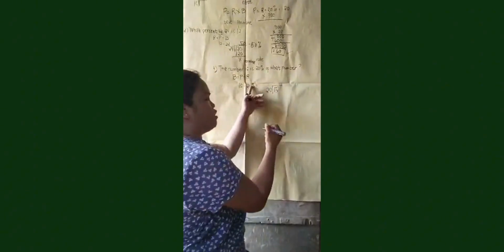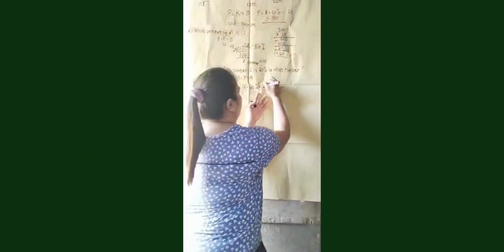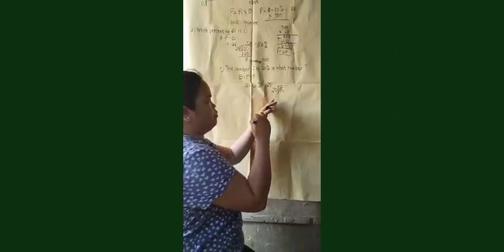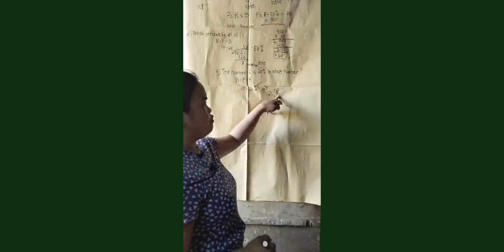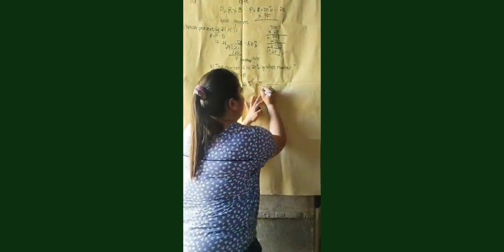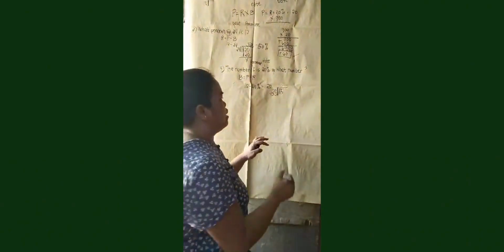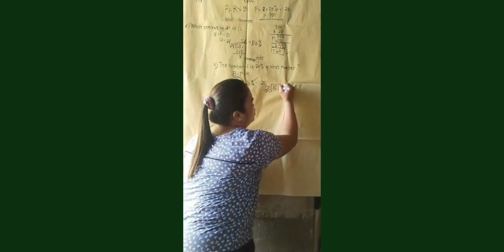So, i-change na nato siya into decimal, ang 20% kay 0.20. Since dili man pwede ma-divide ang 15 sa 20, mag-add na sa taog 0. Ang 0.20, i-move na nato siya og ikaduha para maging 20 jud siya. So, 1, 2. So, mag-add tag 0.